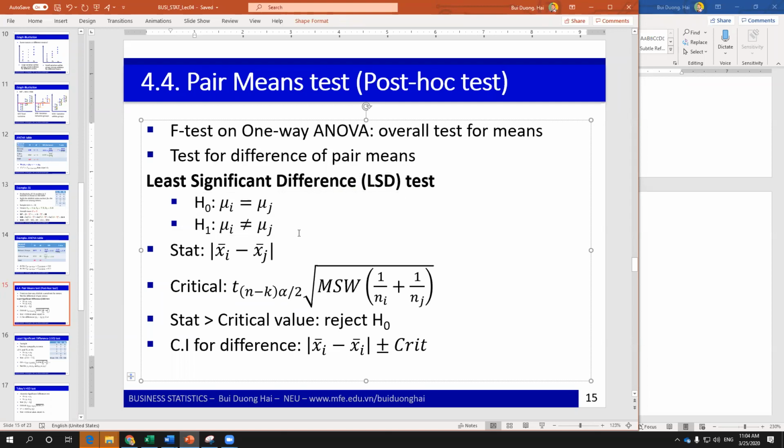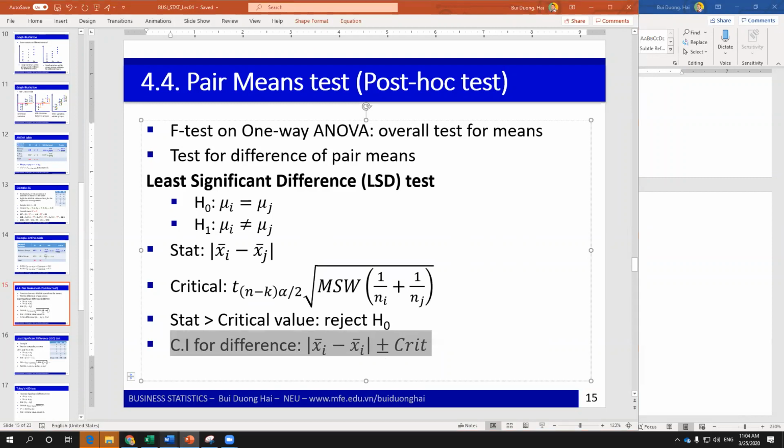That means testing for the pair i and j. The statistic is the absolute value of X bar i minus X bar j, with the critical value t times the square root of MSW. Then if we reject H0, we build the confidence interval.